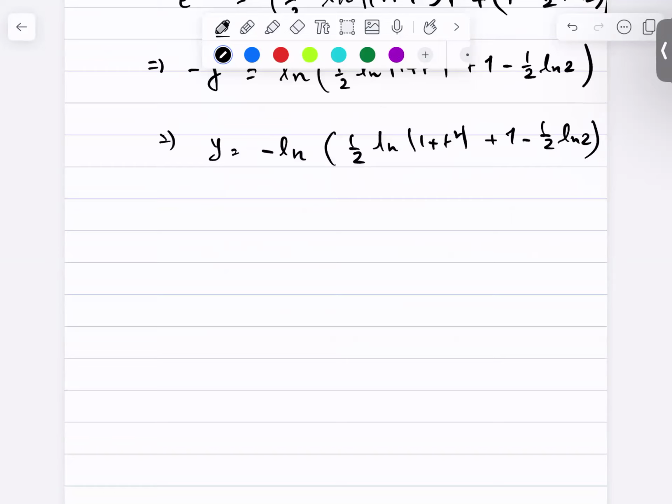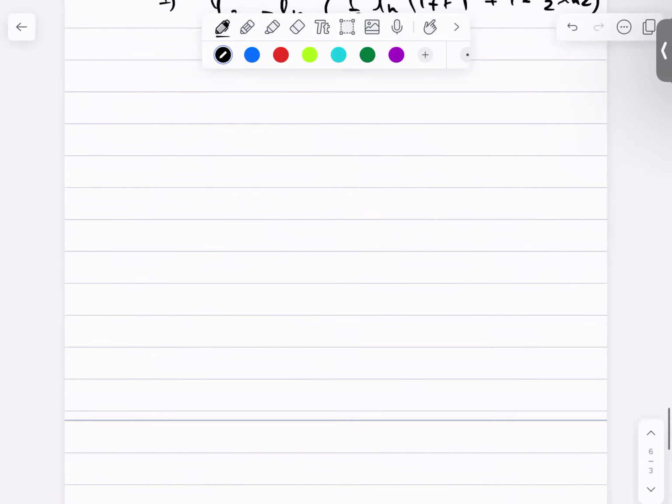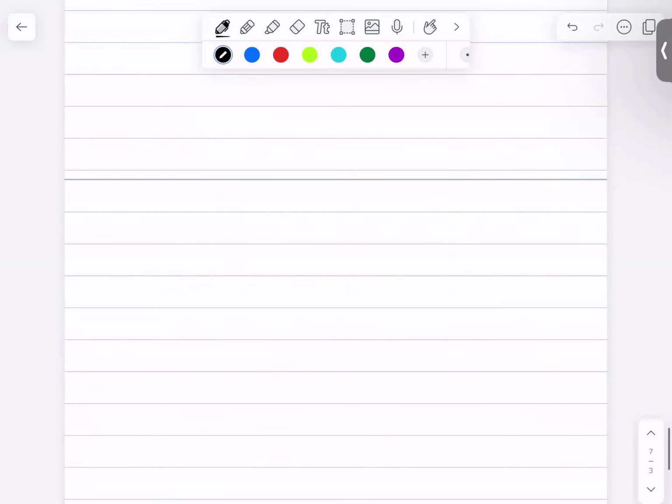Now I'll talk a little bit about different types of growth. Say exponential growth.